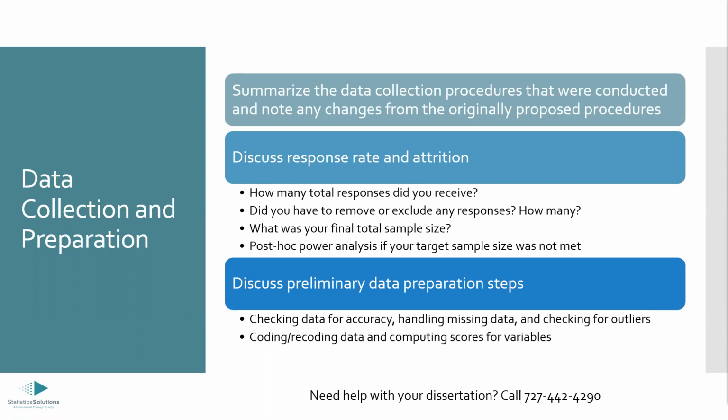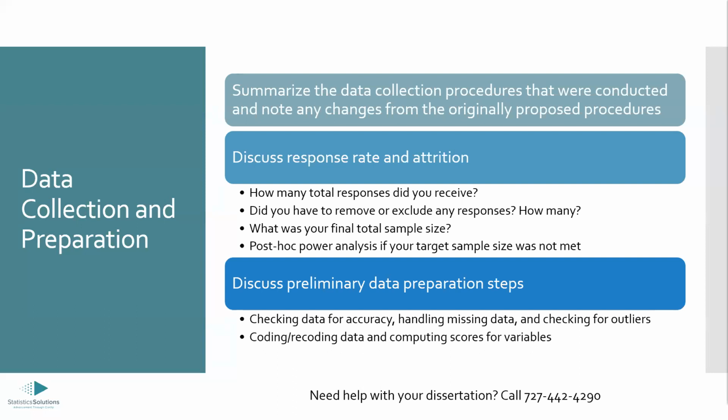So you want to discuss any possible reasons why you may have excluded any participants or responses, and if so, how many did you exclude? Then you want to state what your final total sample size is after you exclude any of those responses.